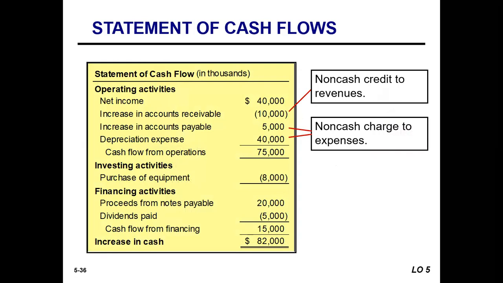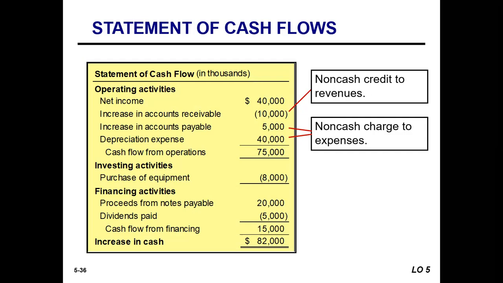Okay, so here's an example of the statement of cash flows, and it's a little bit of a simplified example. I would say that this is similar to the one that we did in class together. Not very difficult. We're seeing here operating activities. We start with net income, and then we make adjustments to reconcile net income to net cash.